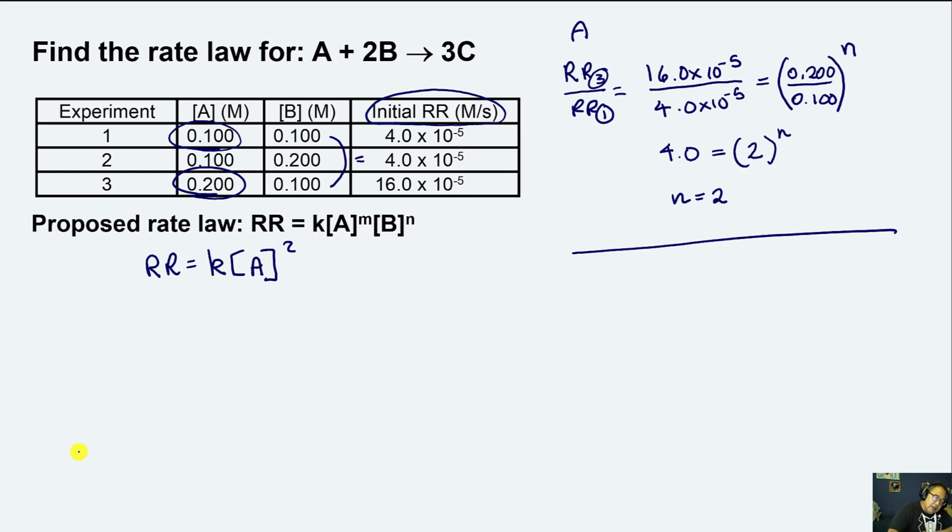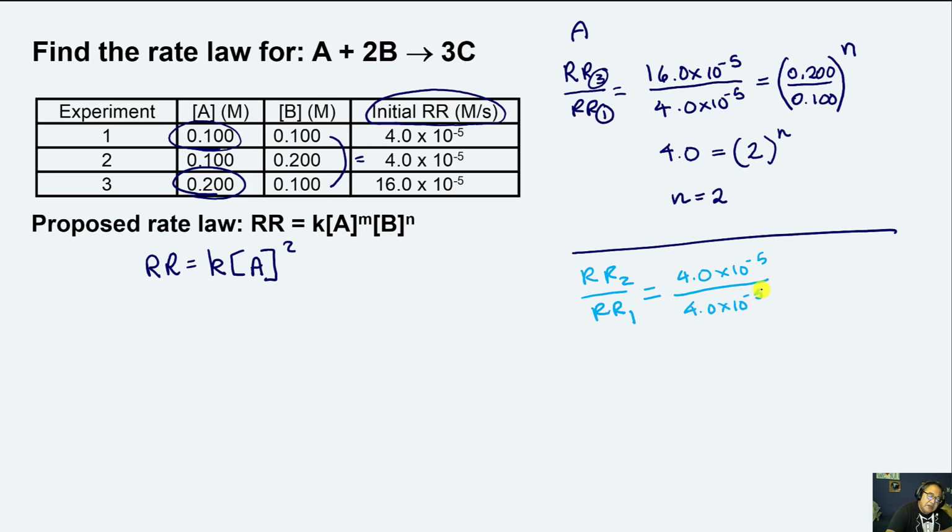So I'm going to do reaction rate 2 over reaction rate 1. And that's going to be equal to 4.0 times 10 to the minus fifth divided by 4.0 times 10 to the minus fifth.